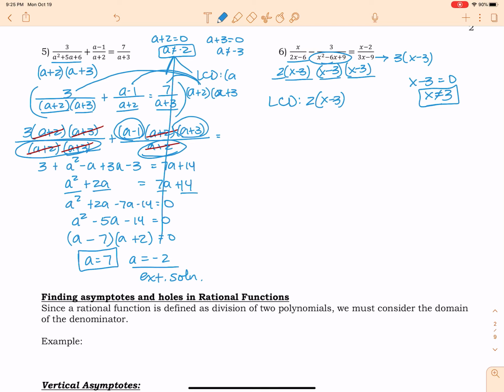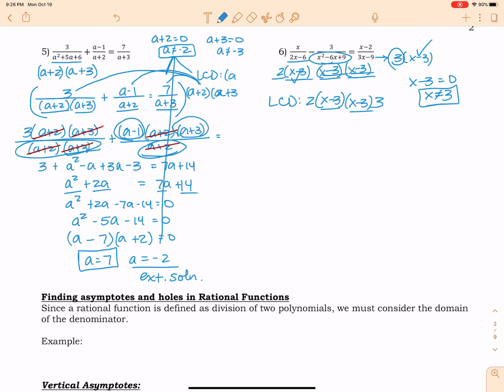So since there are 2 of these, that means I need to be crossing 2 of them out. So I've got to have another x minus 3 in my lowest common denominator. All right, so this one is taken care of since this is already down here, and this one's taken care of, and then both of these are taken care of because there's 2. But I also have to have a 3 in here.